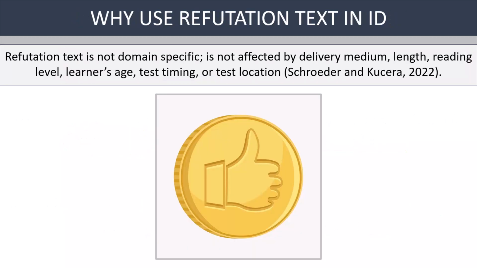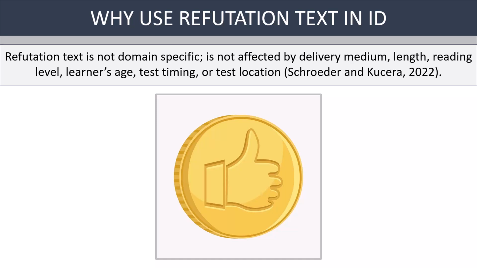So the question then becomes, why should instructional designers consider using refutation text in their designs? Well, in their meta-analysis of 44 studies, Schrader and Kucera found that refutation text is not domain-specific, which means that it is effective across the disciplines.